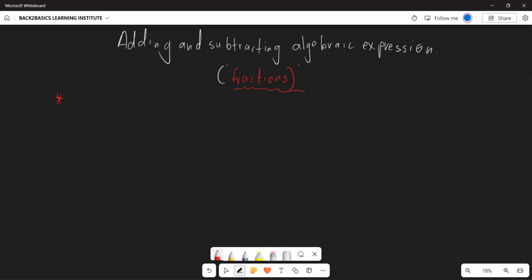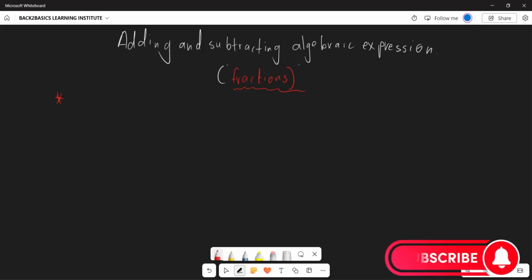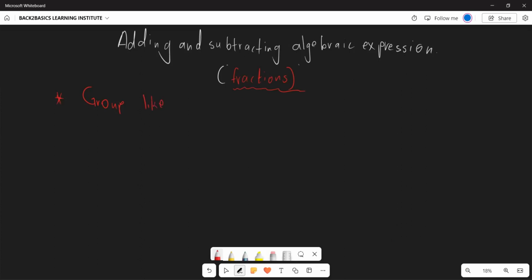Now, firstly, these are some of the key steps that we need to follow when solving algebraic fractions. Firstly, you need to be in a position to identify like terms and also group all these like terms.